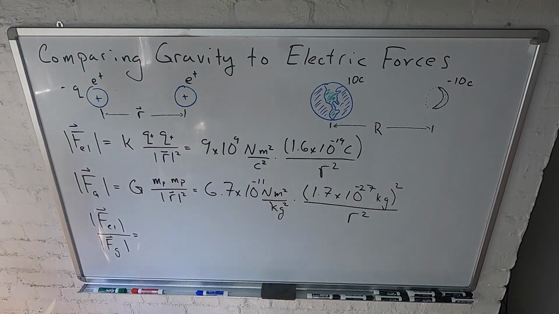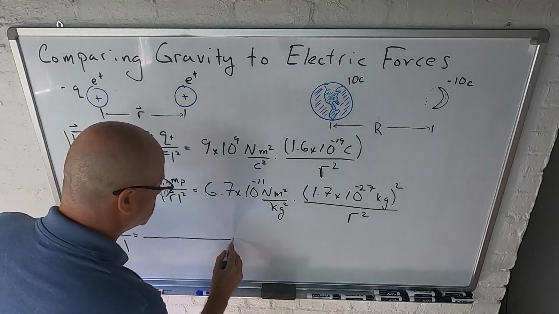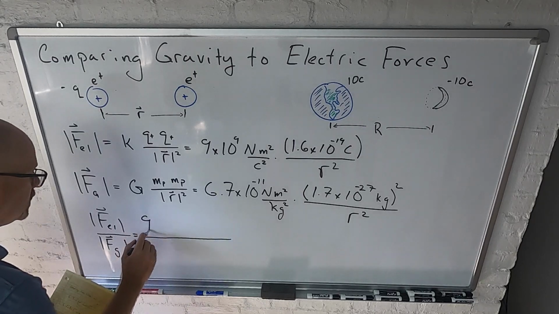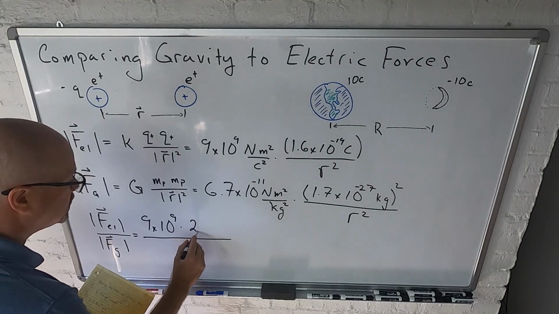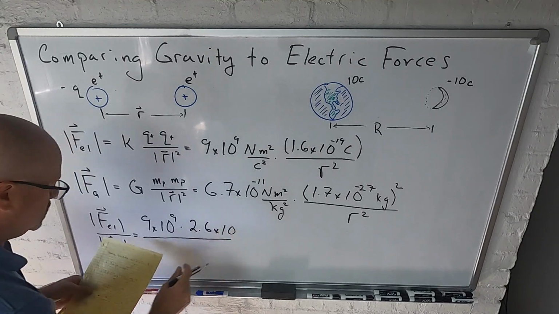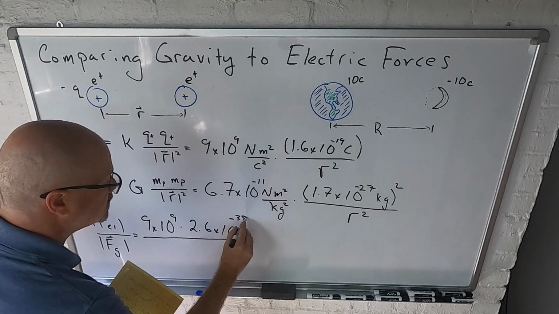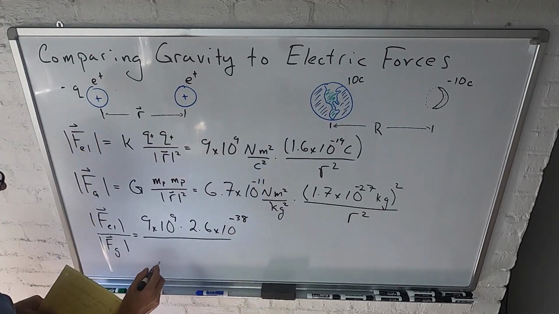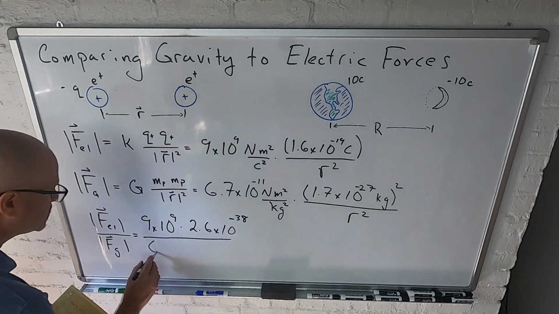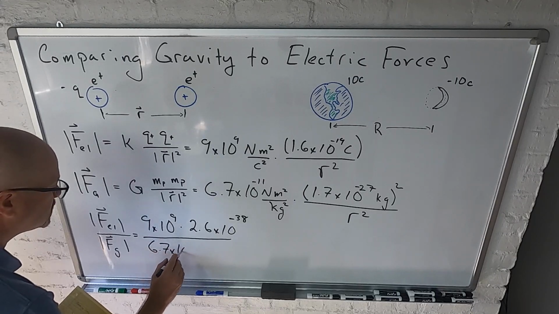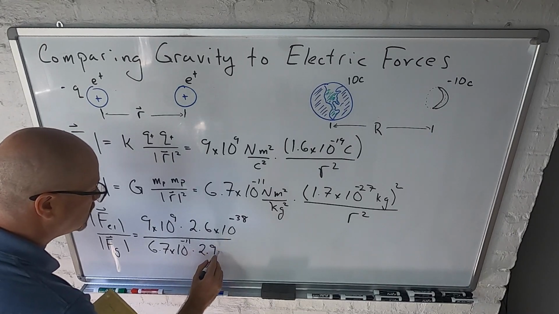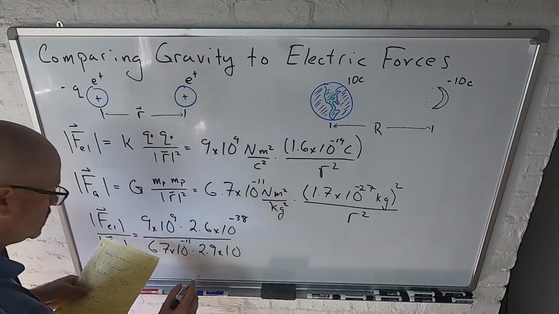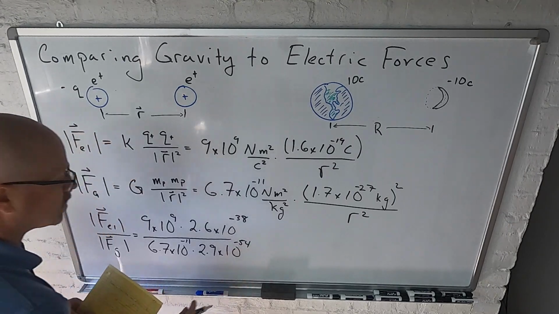The r's go away, and what I'm comparing is 9 times 10 to the 9 times 2.6 times 10 to the minus 38, okay, over 6.7 times 10 to the minus 11 times 2.9 times 10 to the minus 54.